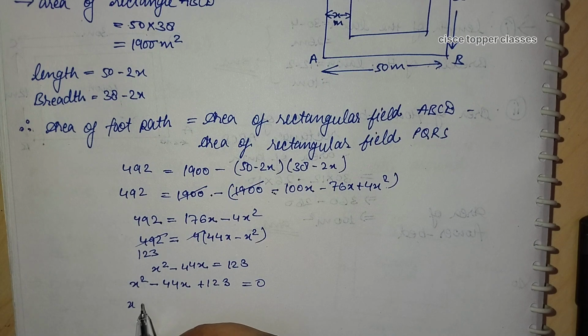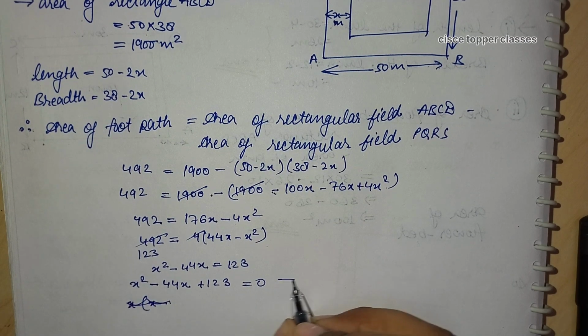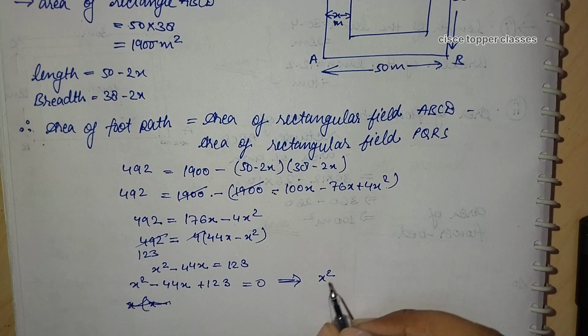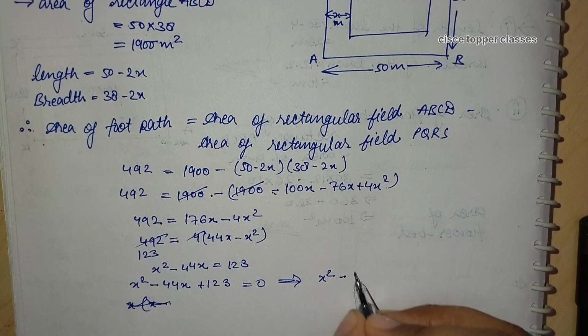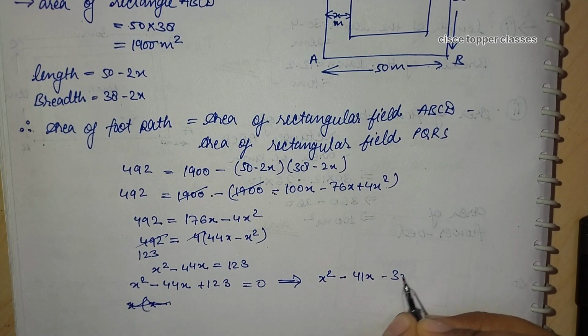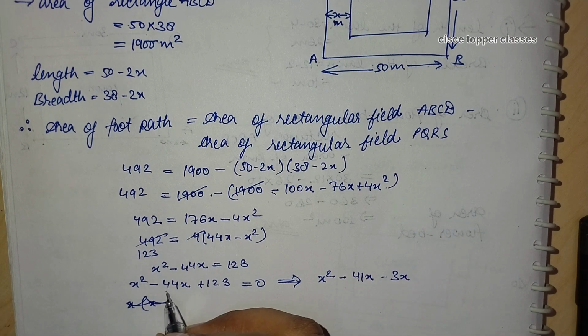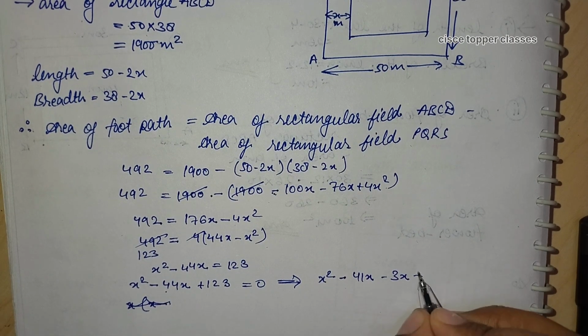We will factorize it, because 123 we can write as 41 into 3. So we will write it in a simplified version: x square minus 41x minus 3x, on adding this we get 44x, and on multiplying we get 123.